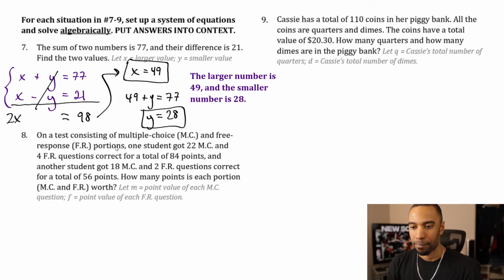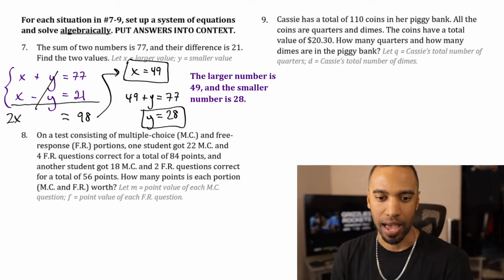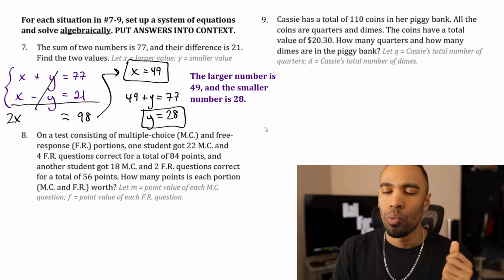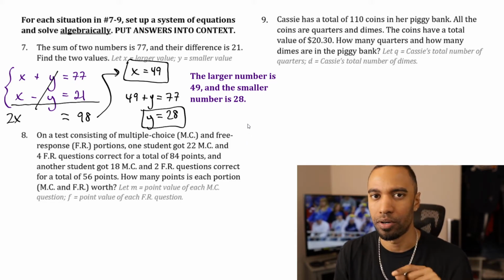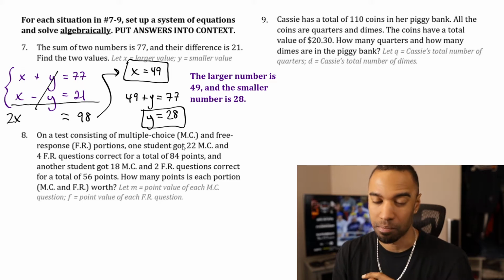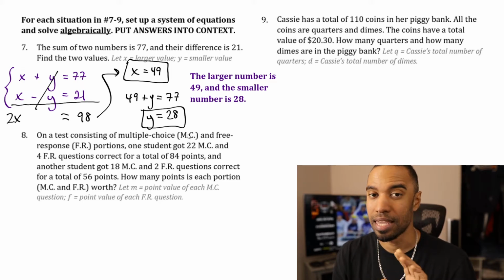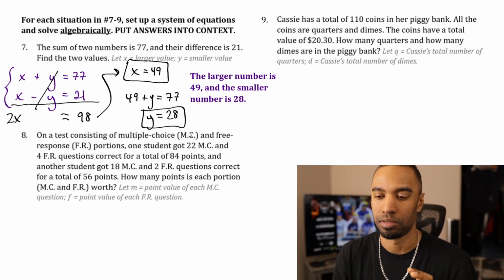Now, interestingly enough, just to make myself clear, we do not have or know how many multiple choice and free response questions are on the test. And I get it, that is an unknown.